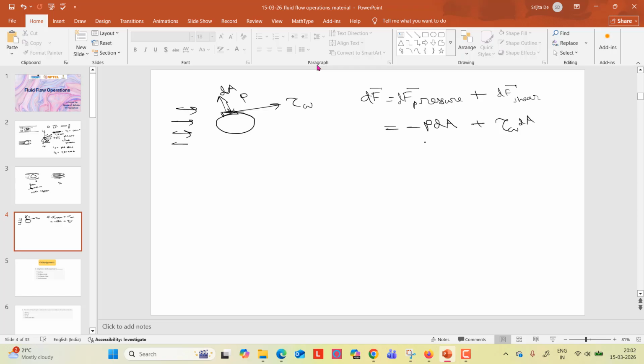Both of them have components along the flow and perpendicular to the flow. Depending on that, pressure drag, pressure lift, friction drag and friction lift arise. So the total force is the integration of tau W dA minus P dA. Okay, so this is the concept.